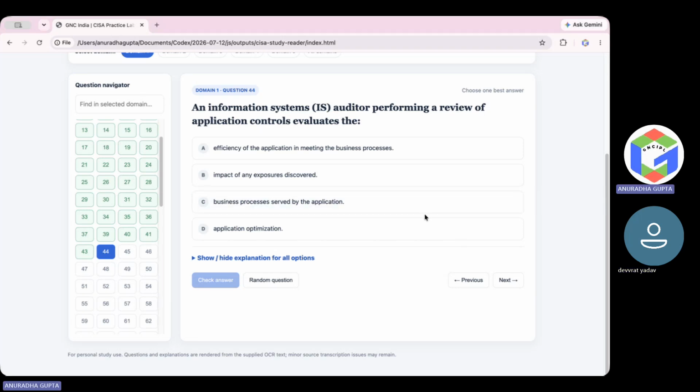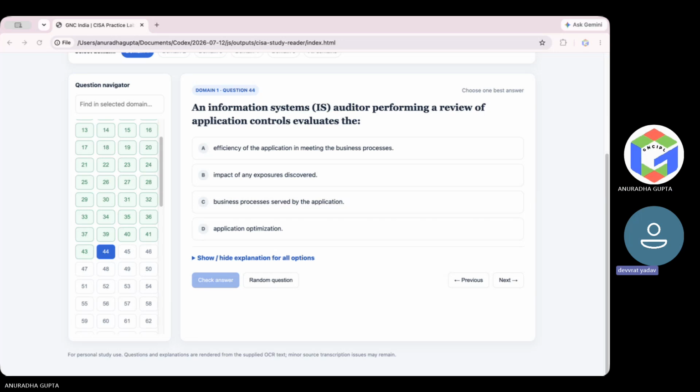So the question is: an information systems auditor performing a review of the application controls evaluates the efficiency of the application in meeting the business processes. Okay. So did you understand the question itself? What the question is saying?